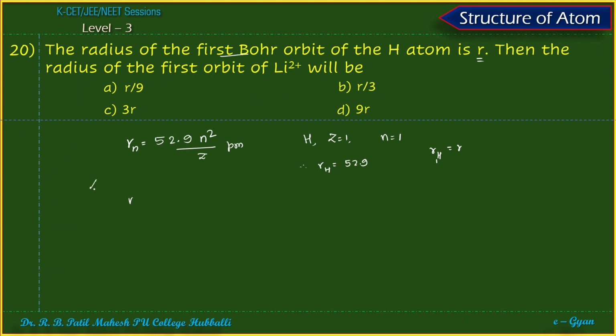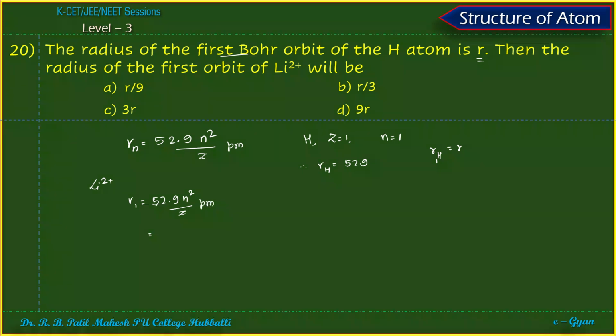Considering lithium plus 2, Li2 plus, the radius of the first Bohr orbit of lithium plus 2 is equal to 52.9 n square divided by Z picometers, which is the formula.